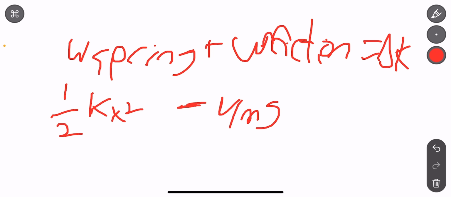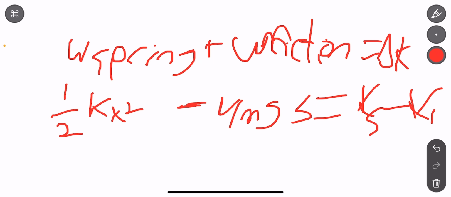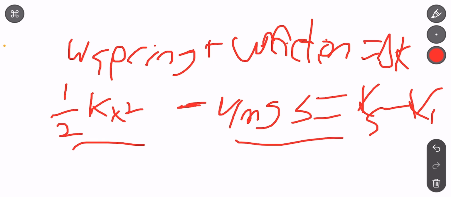That's what it was. Sorry. And then it's going to equal to K final minus K initial. So K initial, K final. So since we broke this down now, we have the spring, the friction, and the initial and the final, final minus initial. Keep that in mind, we're going to move it down and break it down easier.